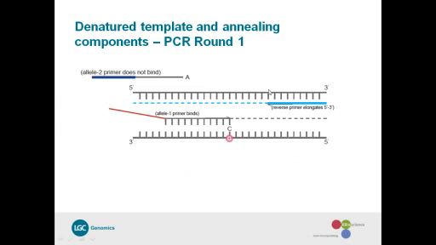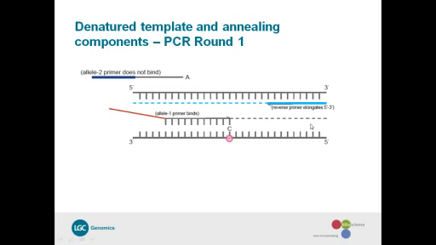You do the denaturing of your sample DNA, and depending on what nucleotide is in that target region, whether it's a G or a T, one of the two forward primers is going to bind and elongate. They'll actually both bind, but only one will elongate, the one that has the correct nucleotide pairing at the SNP location.